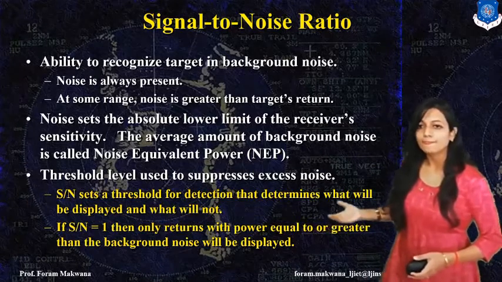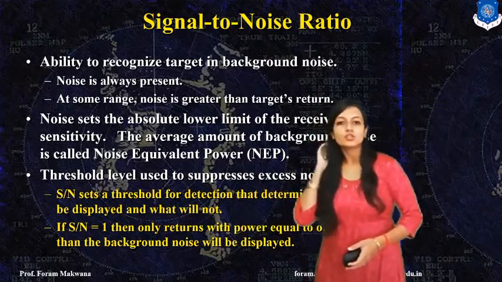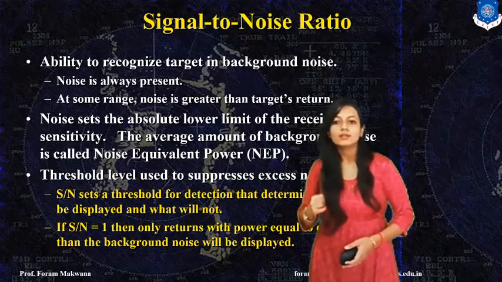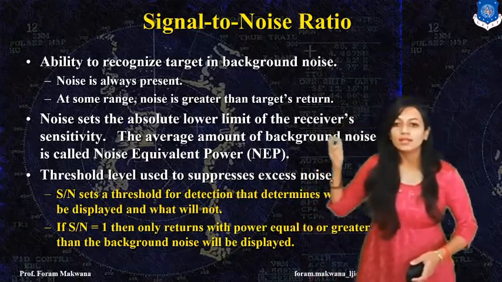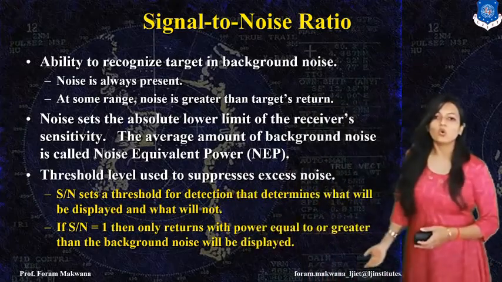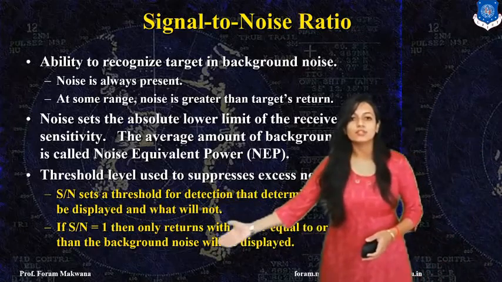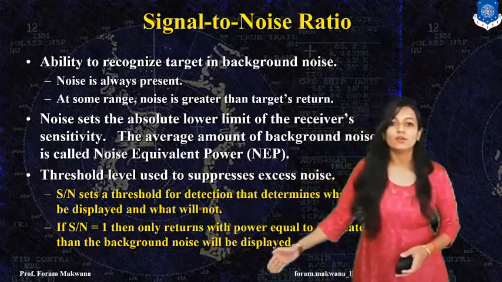Second point, if the signal to noise ratio is 1, then what does it mean? It only returns signal power equal to or greater than the background noise, which is going to be displayed on the scope.